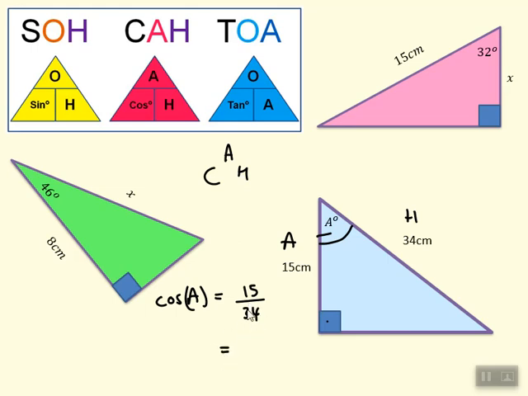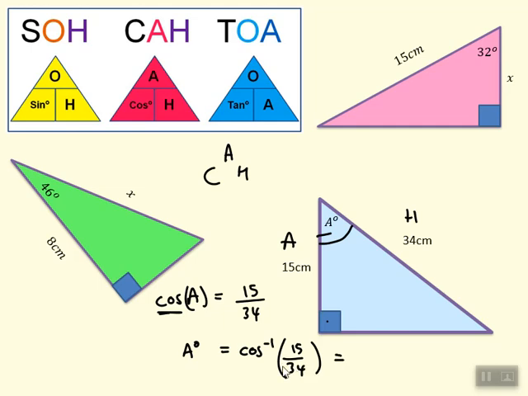Now, I'm not going to bother working out 15 divided by 34 because I'm going to get a decimal and have to round it, and that's going to cause a rounding error, so I don't want that. So in order to work out the angle, I need to do cos to the minus 1. Remember, the opposite of cos is cos to the minus 1 of the other side. Now, the other side is 15 divided by 34.